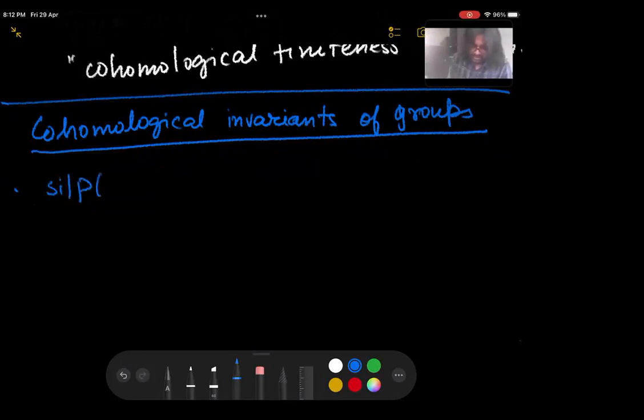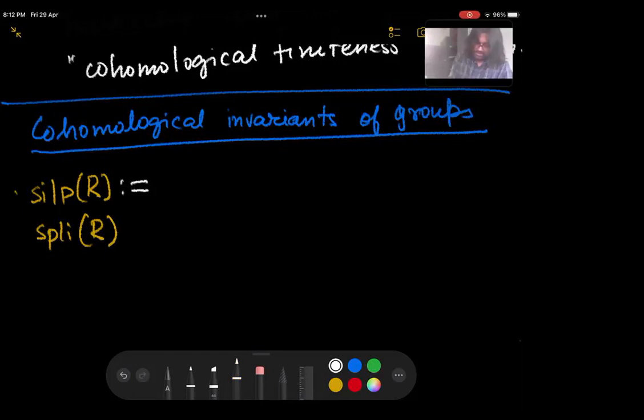For any ring R, R doesn't need to be commutative here, SILP is the supremum over the injective length of projectives. That's how the acronym SILP gets generated. When it's injective length, I'm talking about the injective dimension.